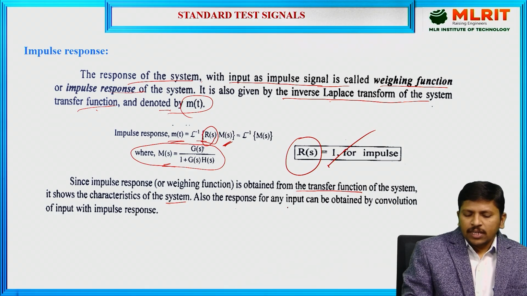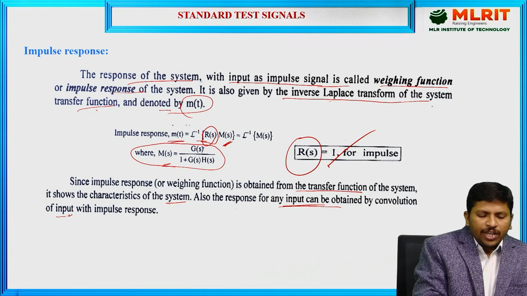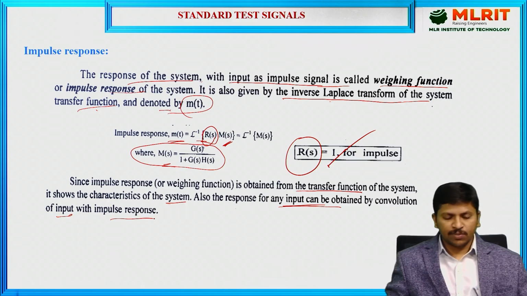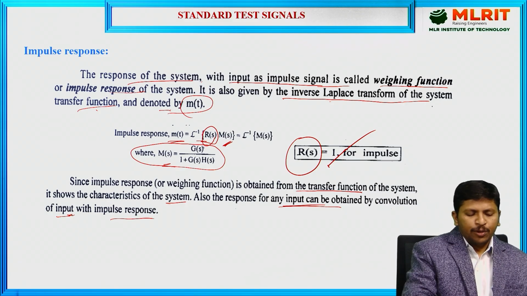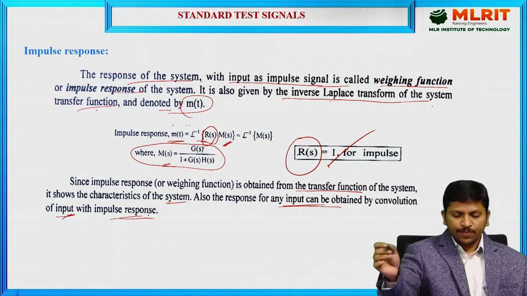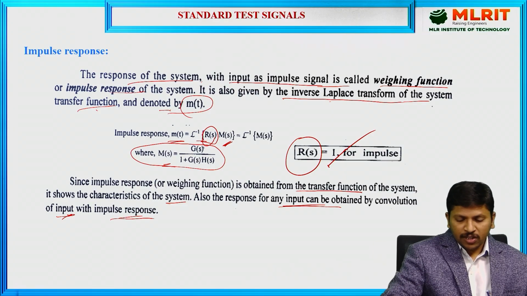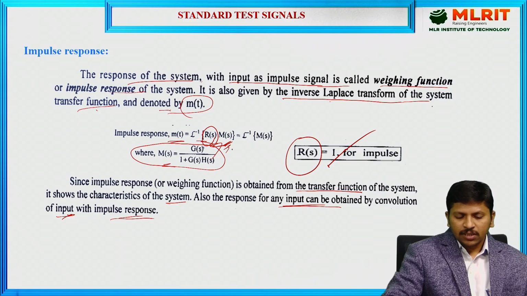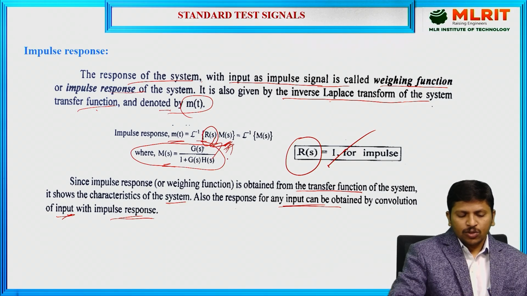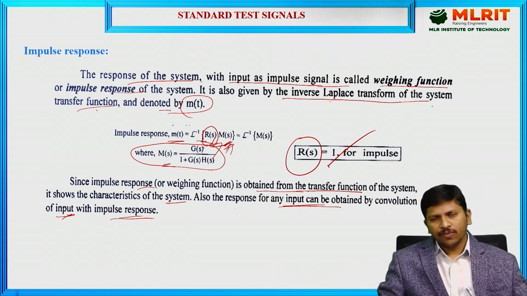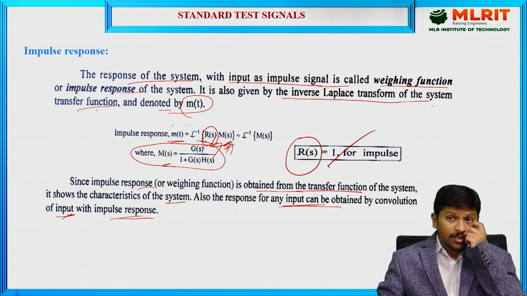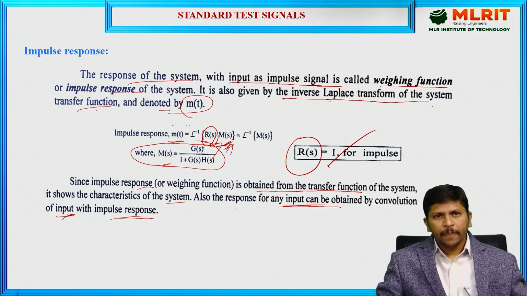Also, the response to any input can be obtained by convolution of the input with the impulse response. So the impulse response or weighted function is obtained from the transfer function of the system.